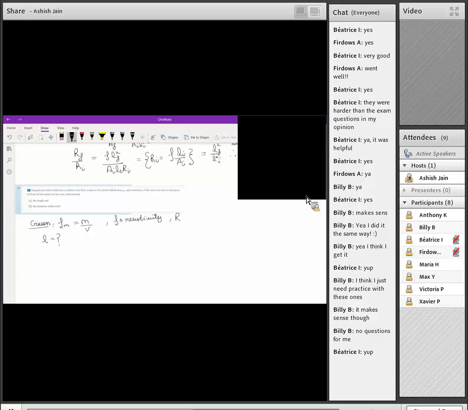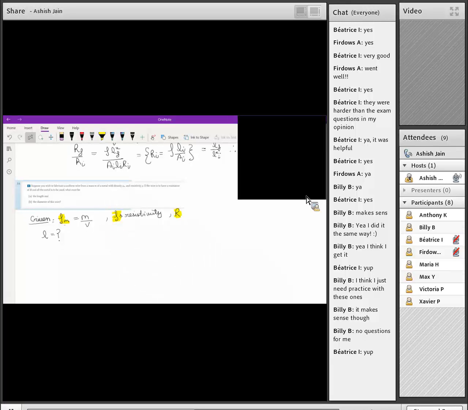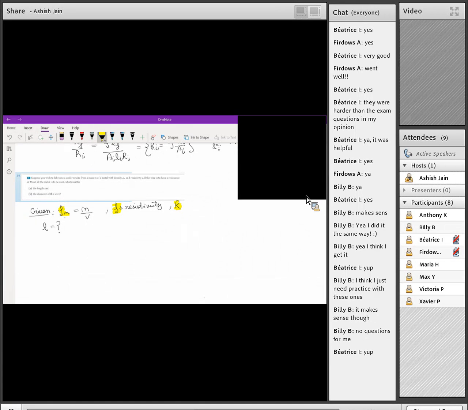And the wire has a resistance R. What length should be used? So you have to find the length in terms of the given mass density, resistivity, and resistance.